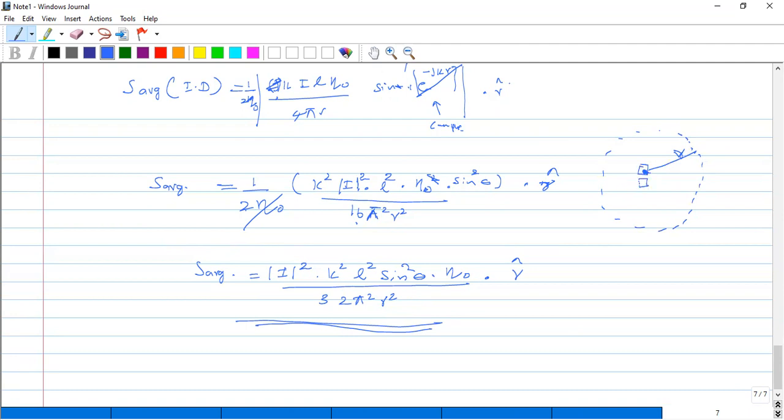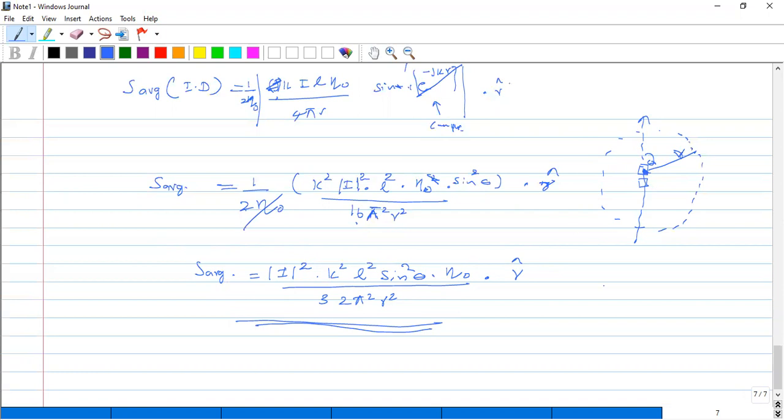So what is the theta? If you consider this is Z, theta is here. Theta is like this, and phi is this direction. So you can say that the average power does not depend on phi, so that is constant along this one.